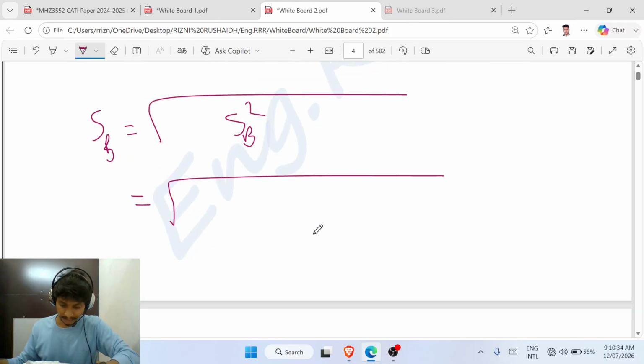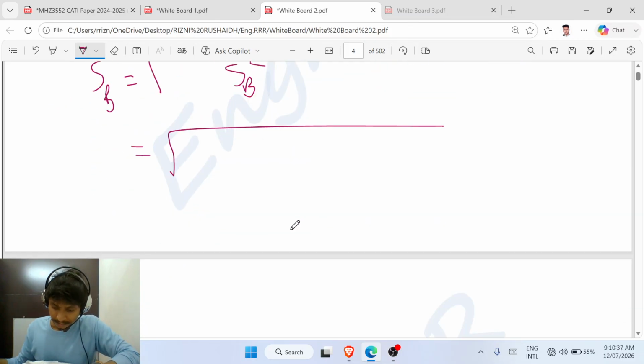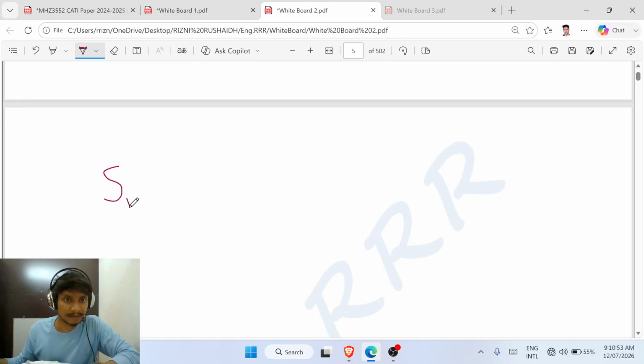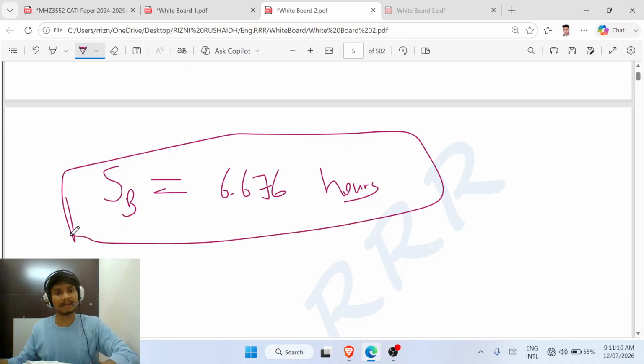We already found S_B squared is equal to 312 divided by 7 hours squared. Our S_B, the standard deviation of B, is approximately 6.676 hours.